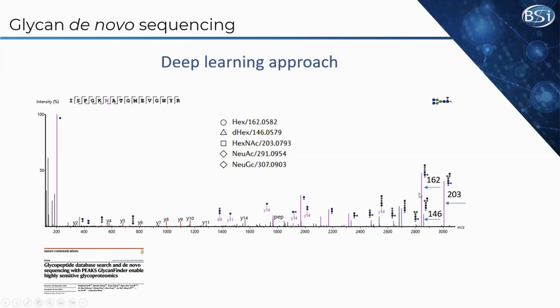At each of these iterations, we employ a dynamic programming algorithm, coupled with a graph transformer neural network, used to predict the next monosaccharide based on the input spectrum and the partial tree from the previous iteration. We keep going along this spectrum, adding different iterations until we've come up with the final glycan identification.